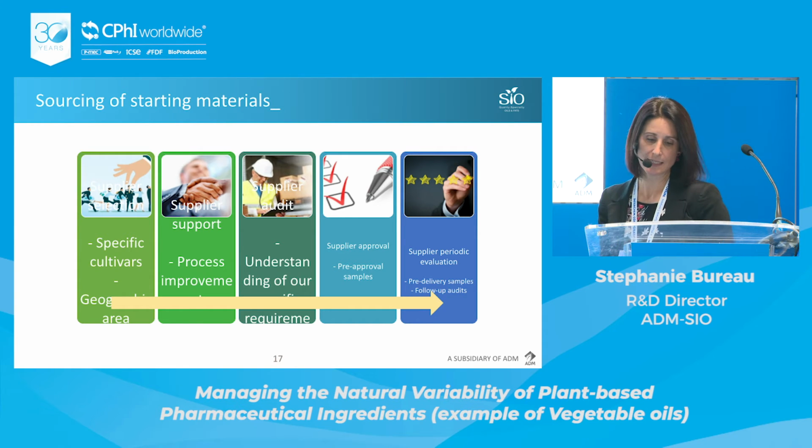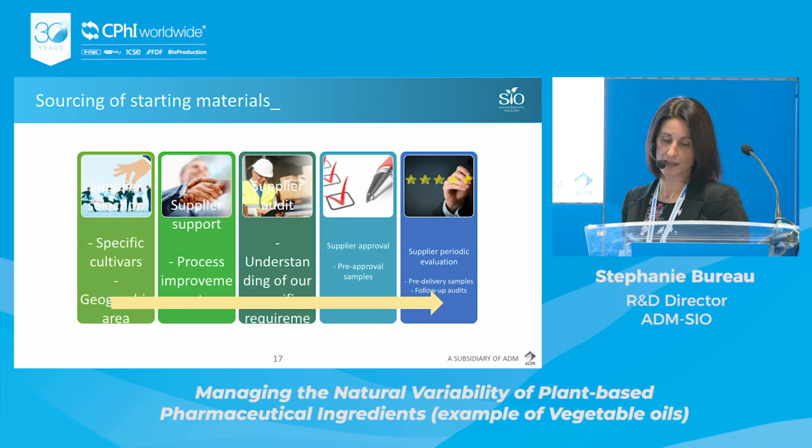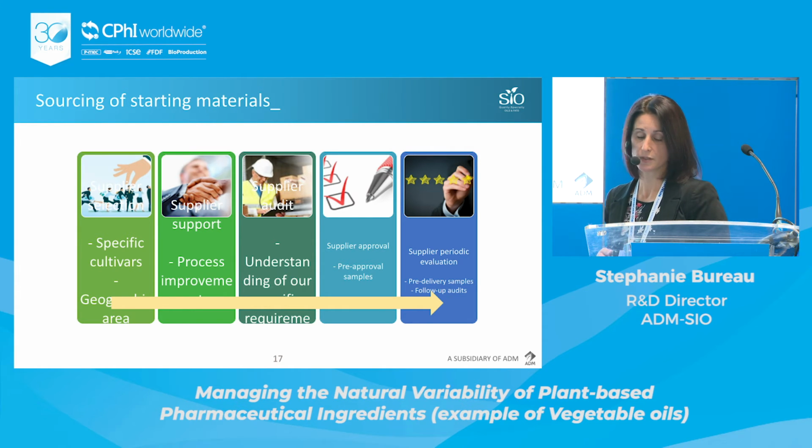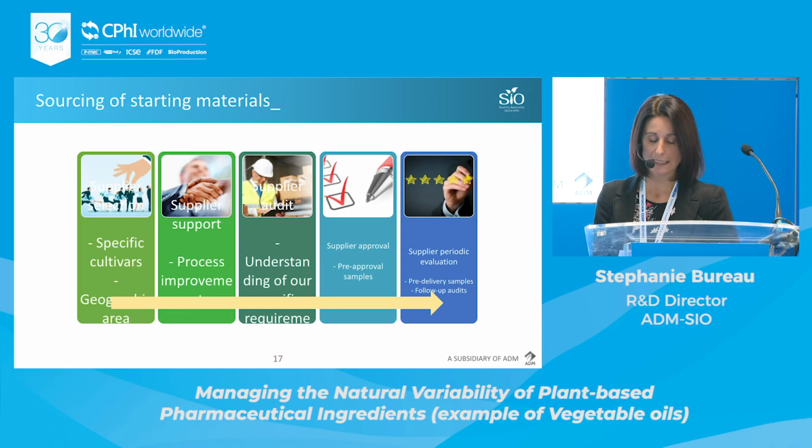So we select our suppliers regarding our very specific requirements, like the fatty acid composition, for example. It can be suppliers working with a specific crop cultivar from a specific geographic area of cultivation, or a particular supply period over the year to guarantee the freshness of the oil.